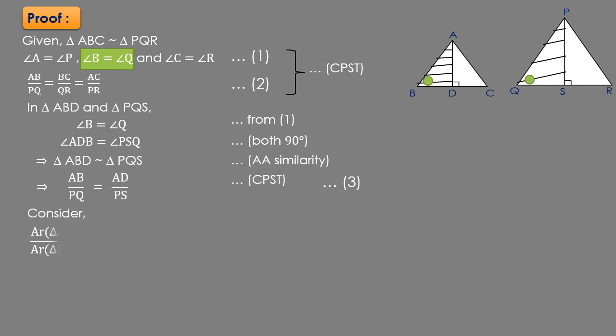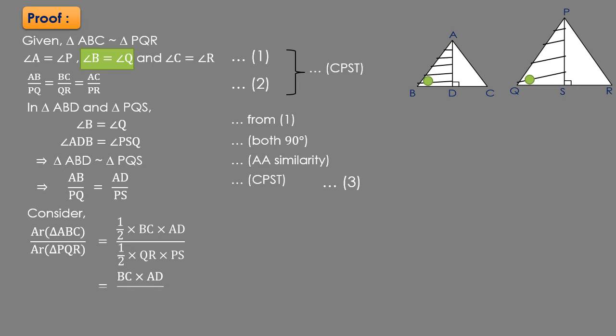Now we will consider area of triangle ABC divided by area of triangle PQR. Area of triangle ABC we can write as half multiplied by base multiplied by height, so that is half into BC into AD. Similarly, area of triangle PQR we can write as half into QR into PS.